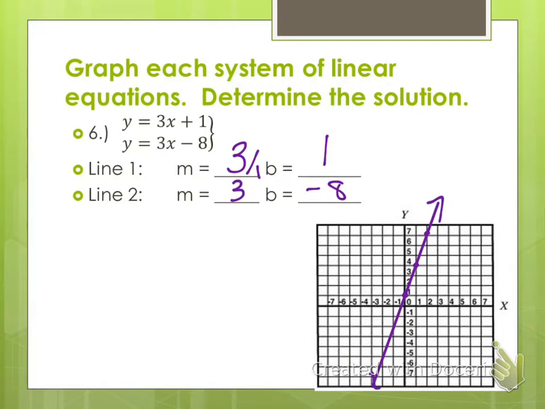Okay, where is my second line going to start? Where should I put my first point for line 2? Jalen? -8. So we go down to -8 on the y-axis. Our slope is the same, so we're still going up 3 over 1, up 3 over 1. Okay, and we can graph our line again.